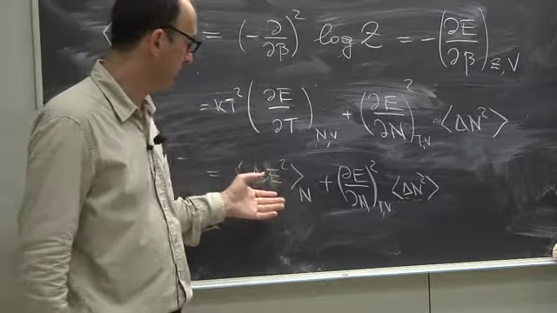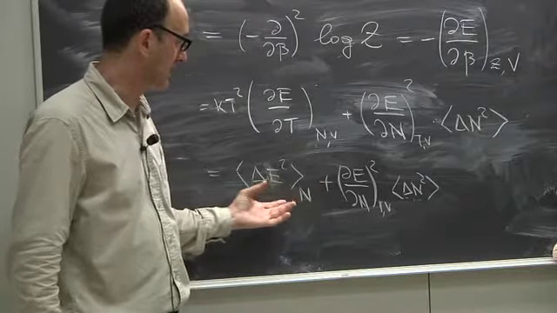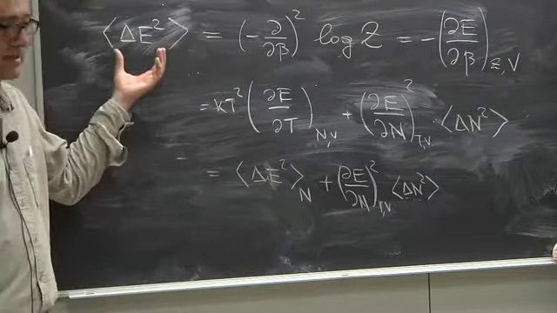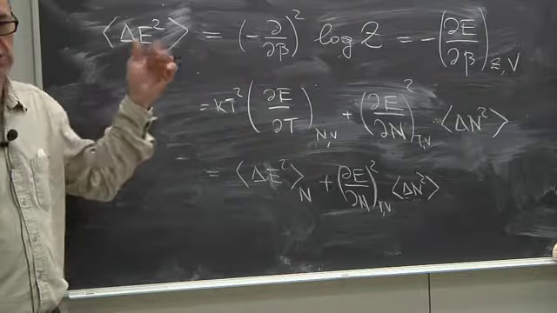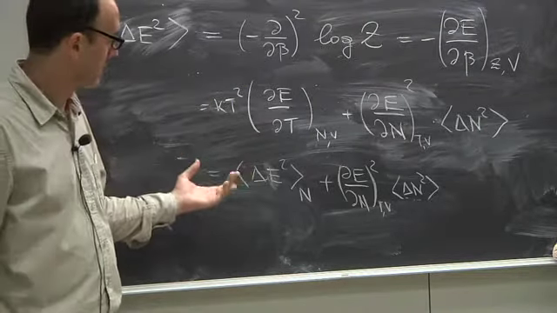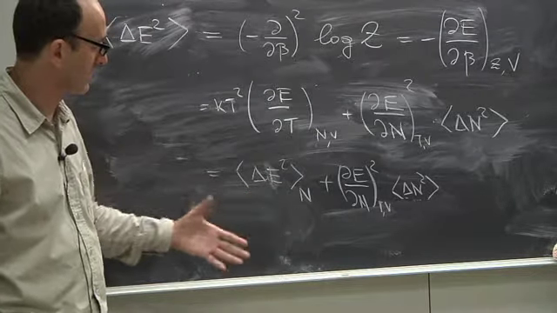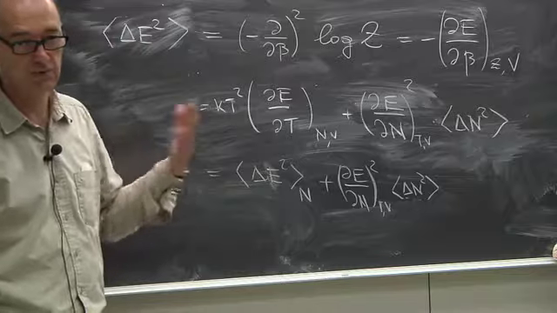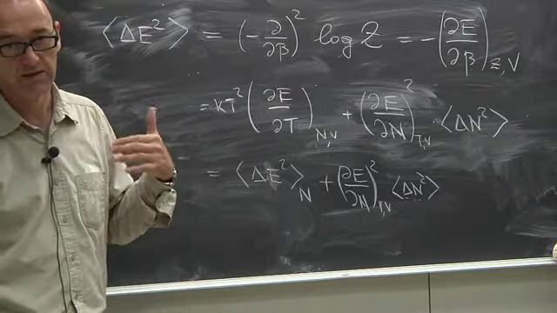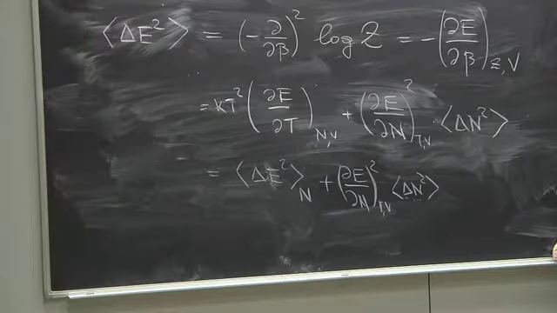Because if they fluctuate independently, then the variance of the energy can be expressed as the sum of the variances. Okay. But this statement tells you that in the grand canonical ensemble you consider independently the energy and the fluctuation in the number of particles. Okay.